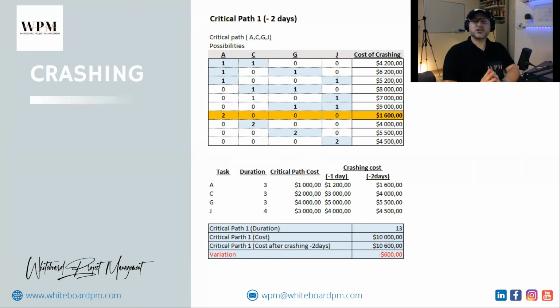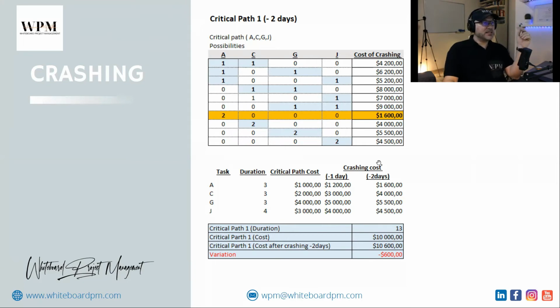What is logical crashing? It means if you need to build a house for 3 months with one person, then you cannot reduce it to make the house built in 1 day with 100 people. This is not logical. So you need to know the limit where it's really logical to crash it.